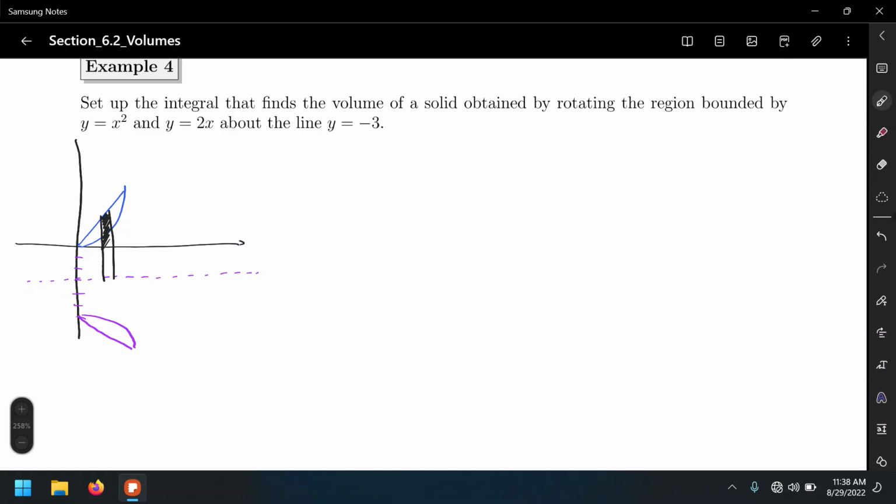From the axis of rotation, we have the diagonal line y equals 2x to be the outermost radius, the big R, and an innermost radius, call it little r, which in this case is the parabola y equals x squared. Okay? Now, if we didn't have this hollow shape right here, well, not yet. So this is what we want. We want the solid generated. So let me give you this picture to help you set up the problem.